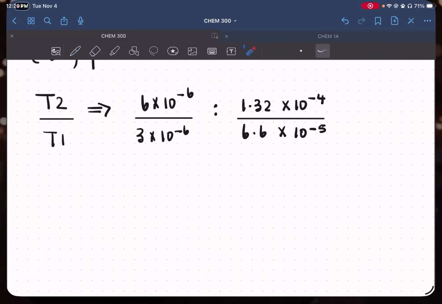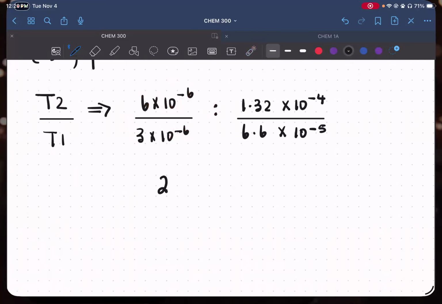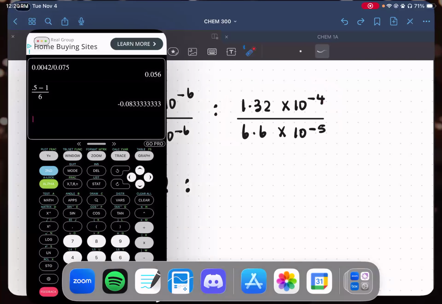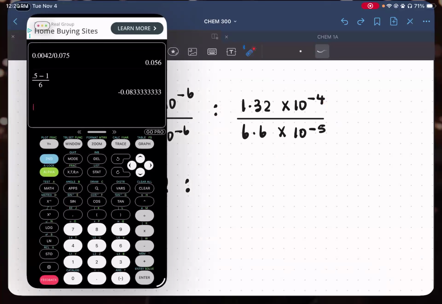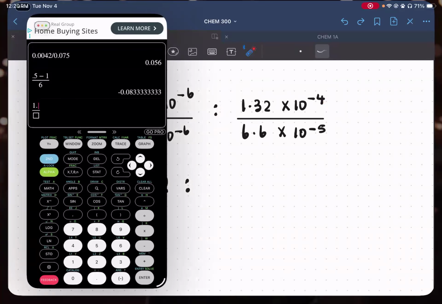We're going to simplify this now. Over here on the left, the 10 to the 6s cancel each other out. So 6 divided by 3, that's just 2. Over here on the right, we have slightly more complicated looking numbers. We have decimals and scientific notation. So let's calculate it to be sure. 1.32 times 10 raised to the negative 4 divided by 6.6 times 10 raised to the negative 5.